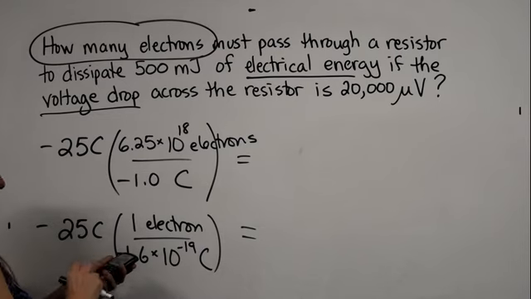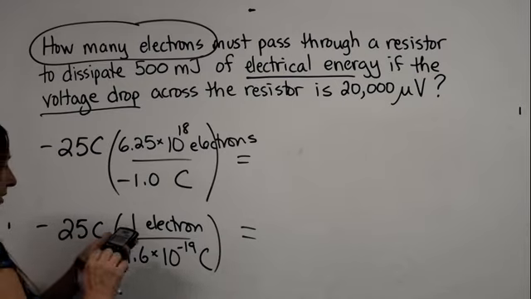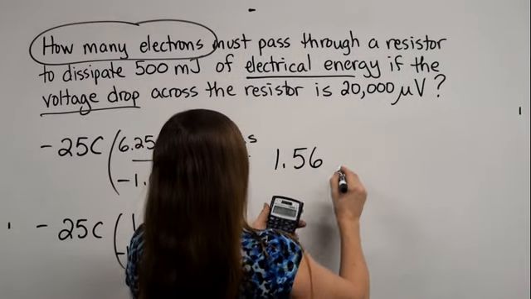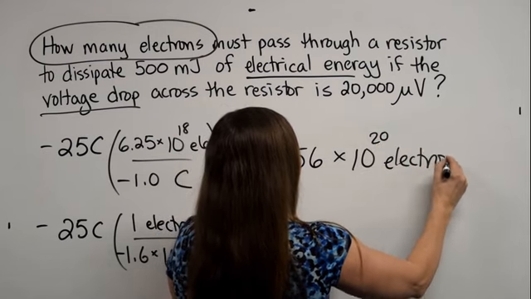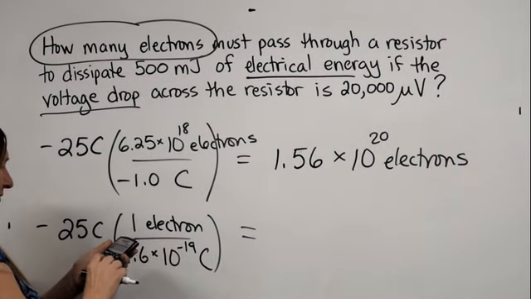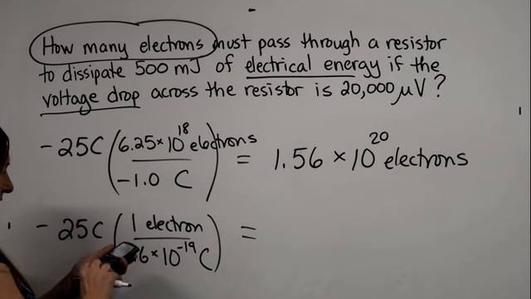So 25 times 6.25 times 10 to the 18th is 1.56 times 10 to the 20th electrons. And down here, we should get the same answer. 25 divided by 1.6 times 10 to the negative 19.